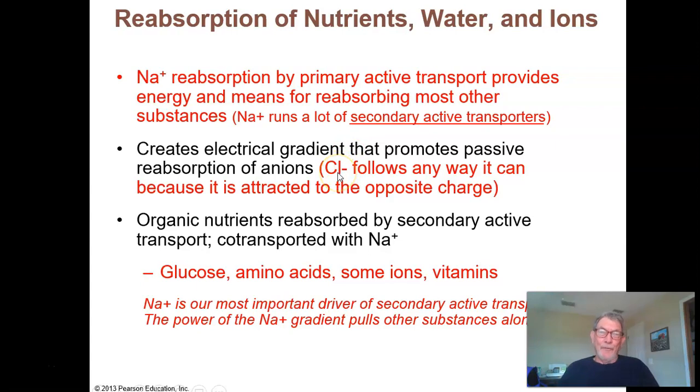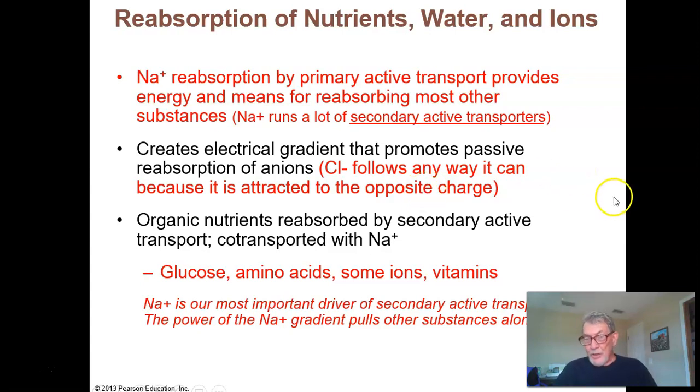Chloride will follow through facilitated diffusers and also some paracellular between cells. Remember, if you move sodium, chloride is so attracted to sodium. Sodium chloride is salt. Sodium follows any way it can, and so it winds up getting sucked through too. So you wind up taking a lot of salt from the urine and putting it back into your bloodstream.